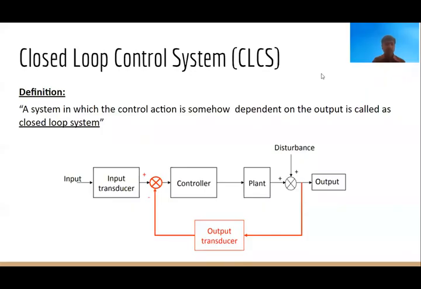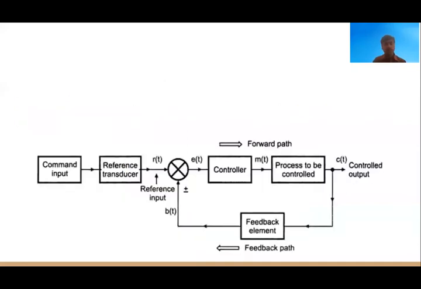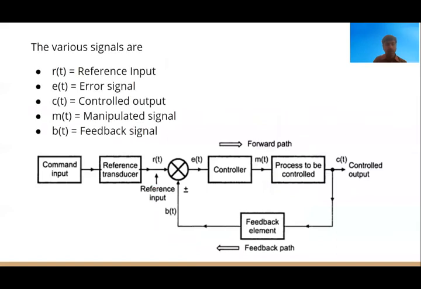This is the general block diagram of the closed loop control system. Now let us see what the signals of each block are. Here the reference input, denoted as R of t, is given to the error detector, and after the error detector, we get the error signal E of t, which is given to the controller. Based on the error signal, the controller will generate a manipulated signal or controlling signal to the process.